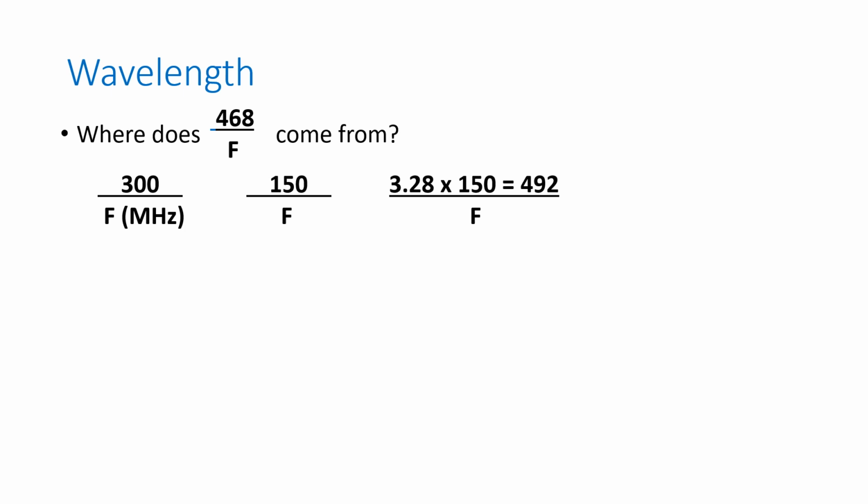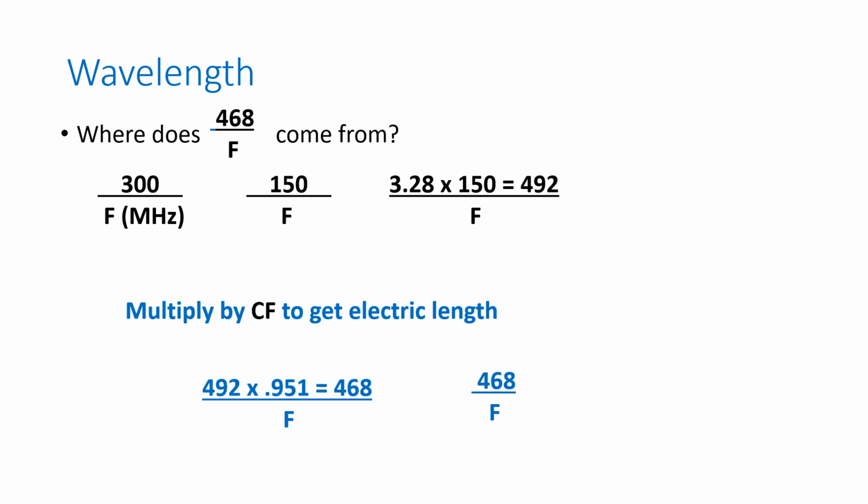The next step is we put in the correction factor: a 4.9% speed reduction from free space to wire or tubing. That makes it 0.951. That's where we get 468. Now, that number is a bit of a problem.